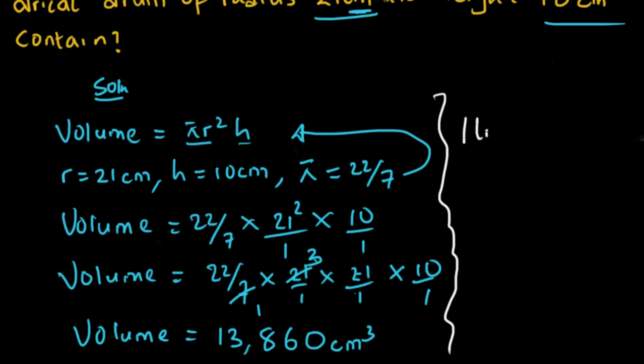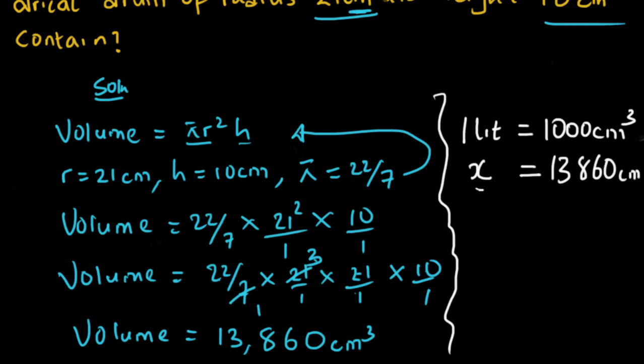So 1 liter is equal to 1000 centimeter cube. What that means is that we are trying to find how many liters, which I'm representing as x, would give us 13,860 centimeter cube.